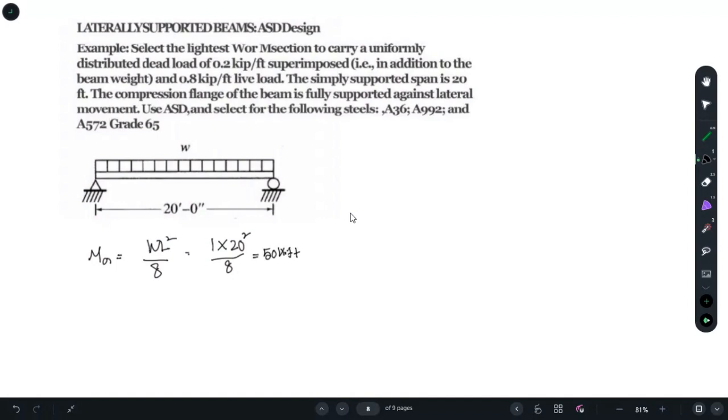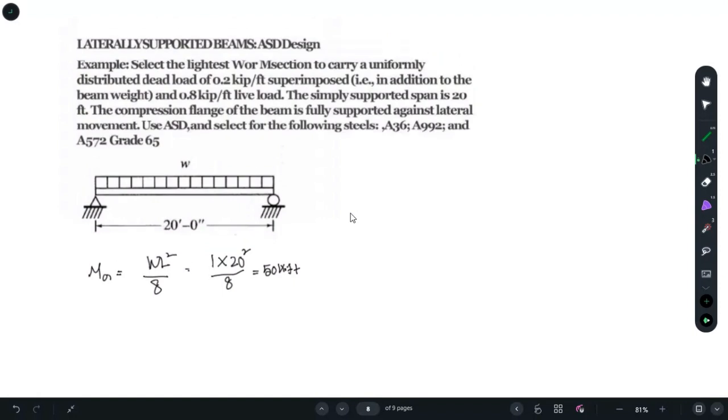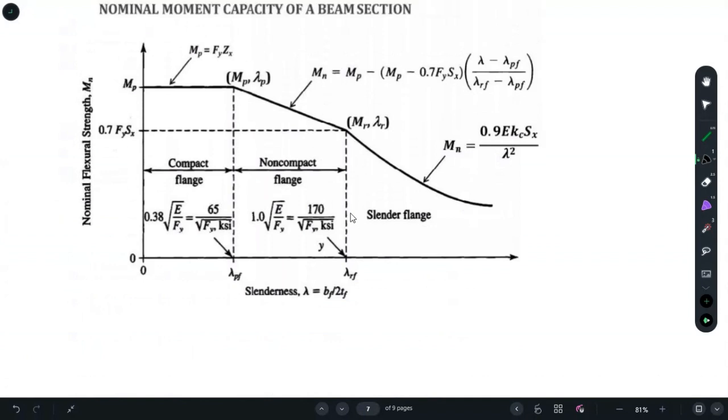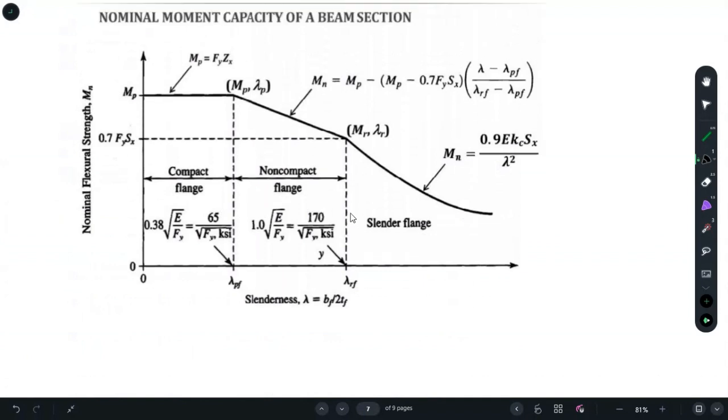Now you need to design the section. You have several formulas to calculate the moment you will get for a particular section. You have a moment equation, which is Mp equal to Fy multiplied by Zx.